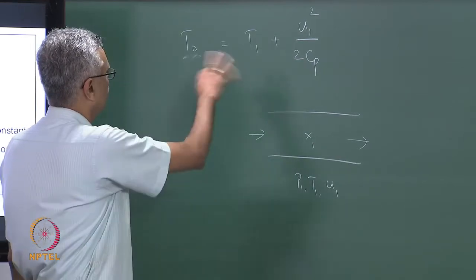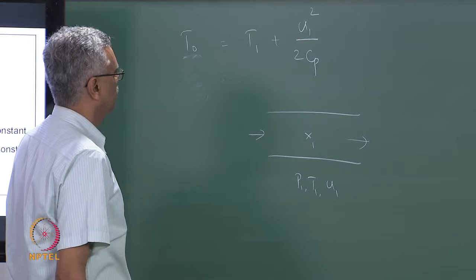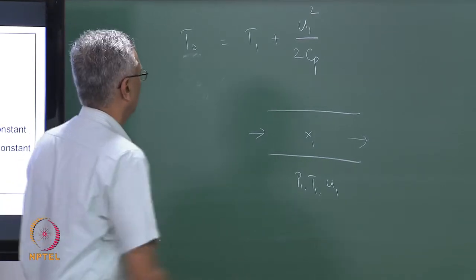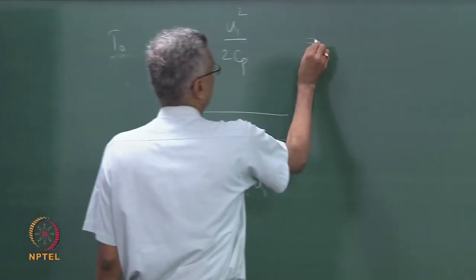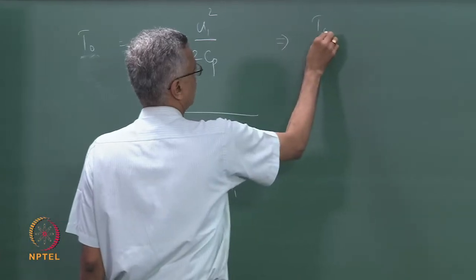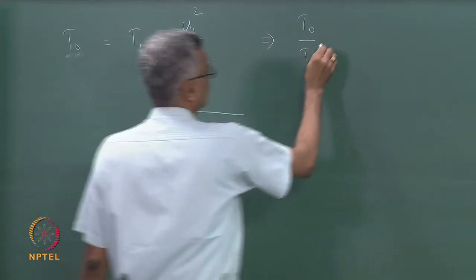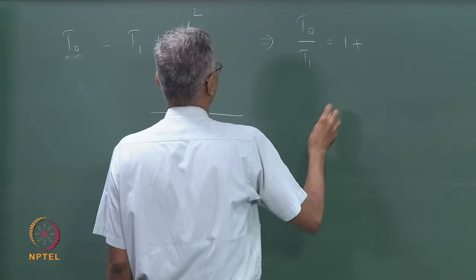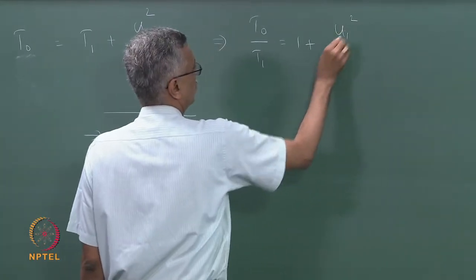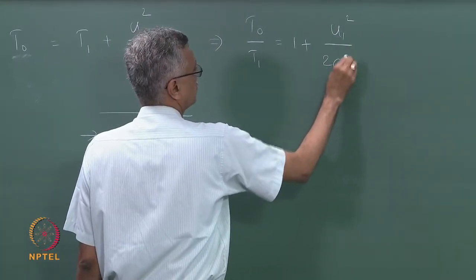In fact, it would be more convenient to write this relationship in terms of Mach number. If I take this equation and divide through by the static temperature on both sides, I can write T0 over T1 is equal to 1 plus U1 square over 2 Cp times T1.